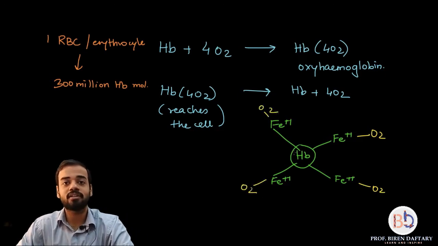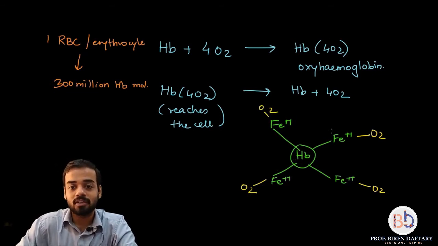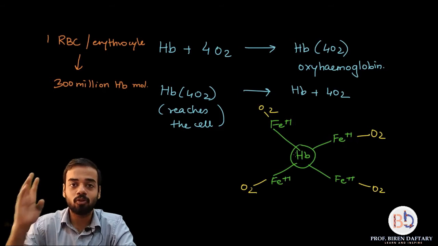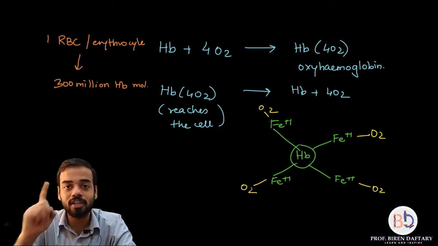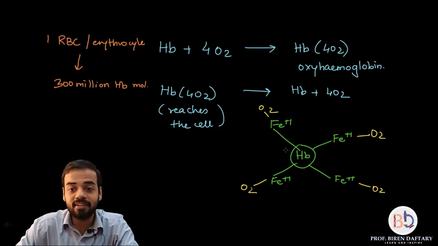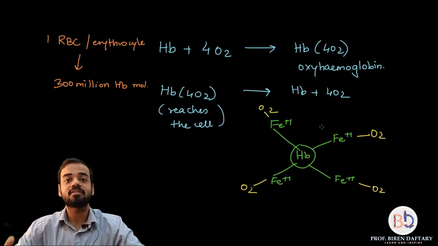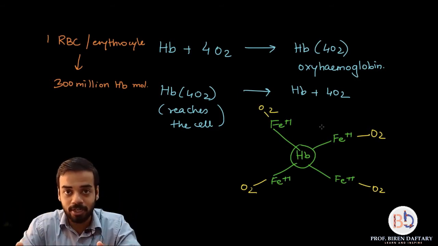So now you can understand why hemoglobin forms Hb4O2: because to the 4 iron atoms, 4 oxygen molecules can bind. To one hemoglobin a total of 4 can bind, so that is called Hb4O2, and this is called saturated hemoglobin. Saturated means no more oxygen molecules can bind to it.